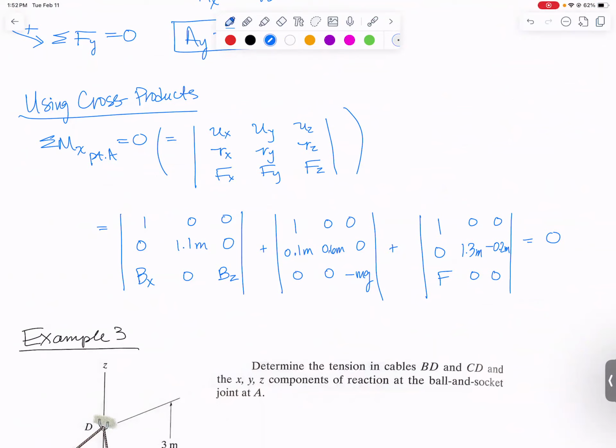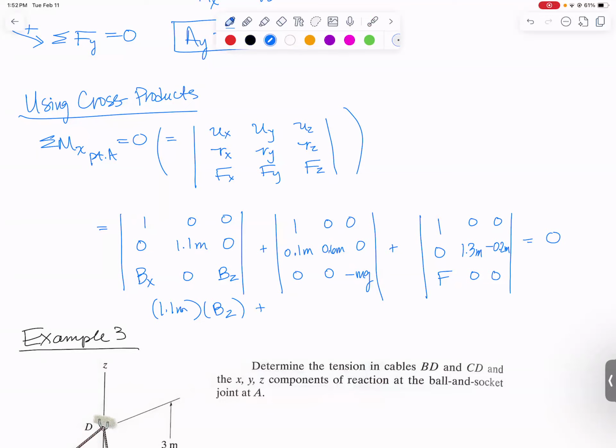You notice those cross products have a whole bunch of zeros in them, so you're not going to have a lot of non-zero numbers left when you're done. In the first cross product, the only piece that ends up non-zero is 1 times 1.1 times Bz. So we end up with 1.1 meters times Bz. In the second term, the only thing left is the very first term: 1 times 0.6 meters times minus mg.